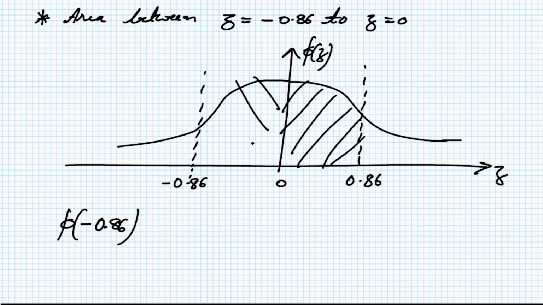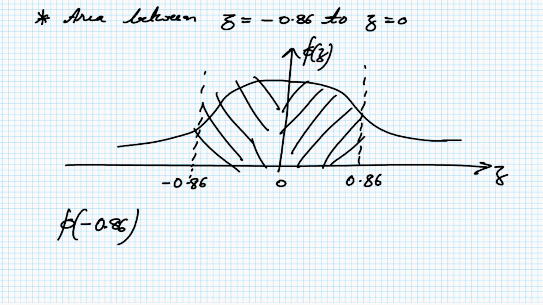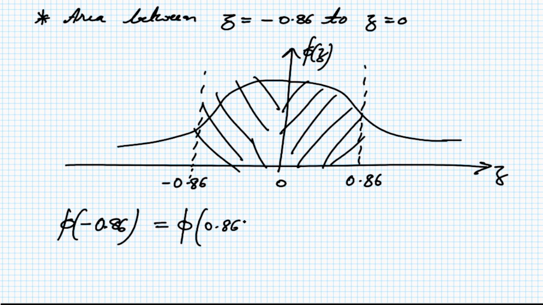These two areas are the same. Because of that, you don't find any negative values in the whole table, only positive values. If you want to find a negative, find its equivalent positive. That means we are supposed to find phi of 0.86 itself. So let's go back to the table and understand how to find it.